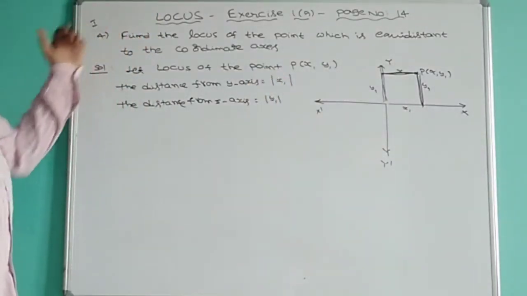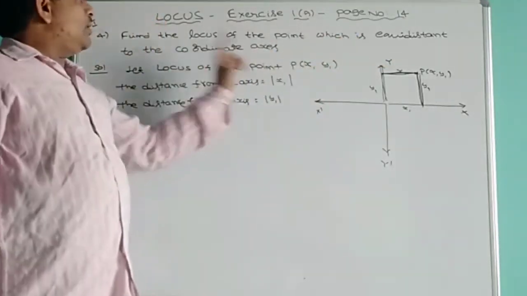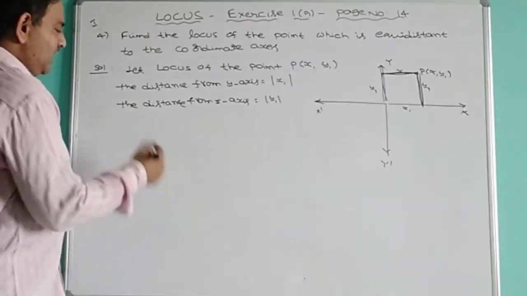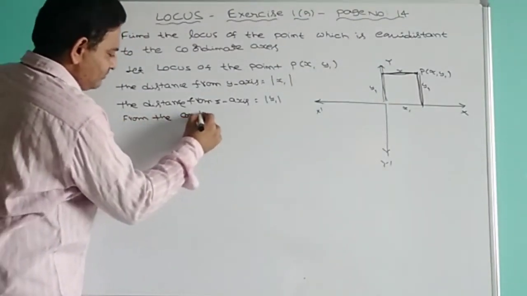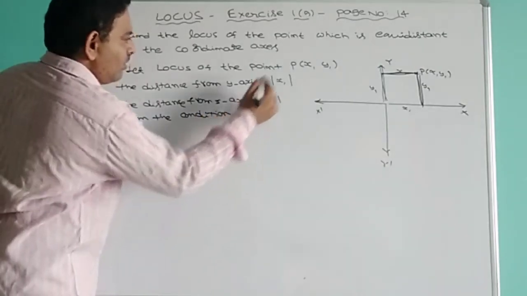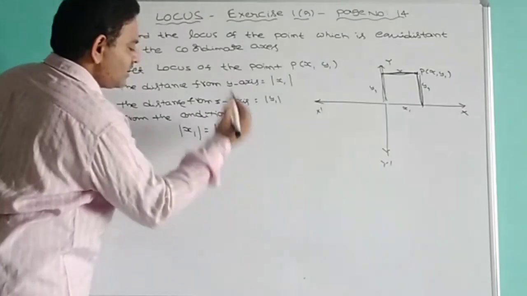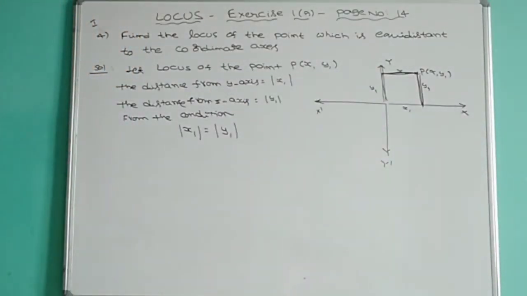According to the question, the point is equidistant to the coordinate axes, that means both lengths will be equal. From the condition, modulus x1 equals modulus y1.